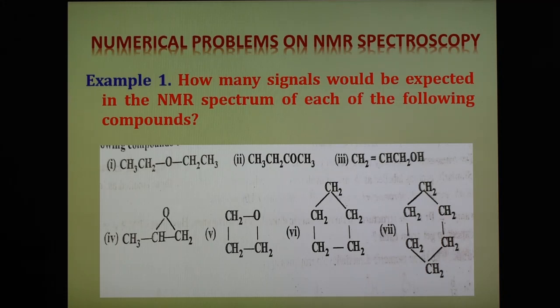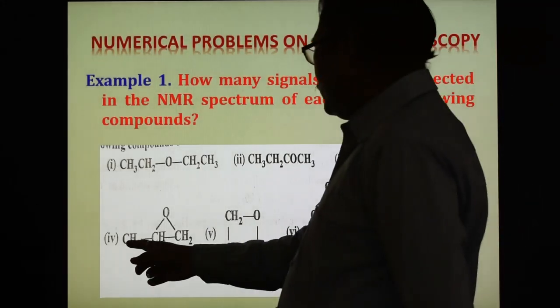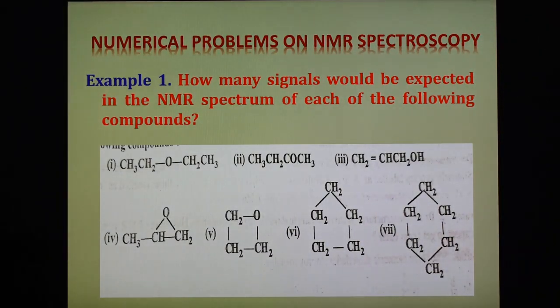Compound number 4, the structure we can draw in this way, and here different types of protons are there. The structure of the 4th compound shows that there are 4 different types of protons, and they can be shown in this way.